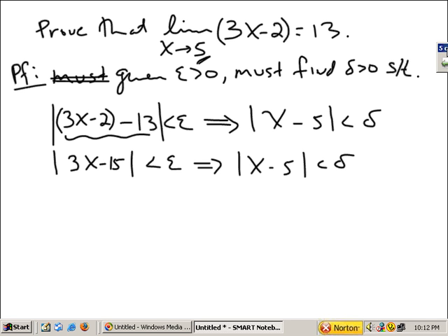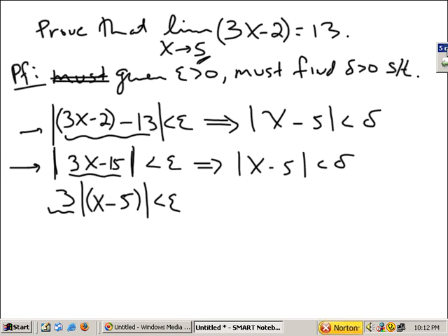The third line I'm about to write is going to be the same as these two. 3x minus 15 is 3 times x minus 5. So the absolute value of 3 times x minus 5 is 3 times the absolute value of x minus 5, and this is less than epsilon. We want to show that that implies that x minus 5 is less than delta.